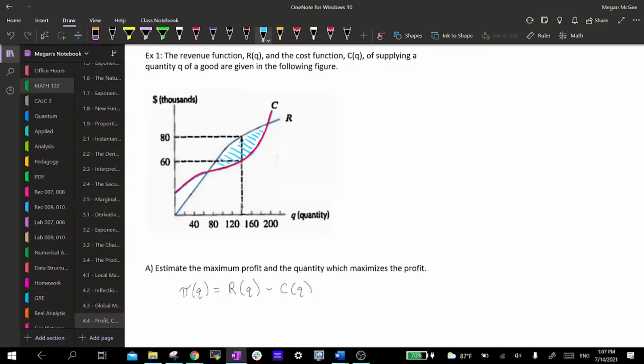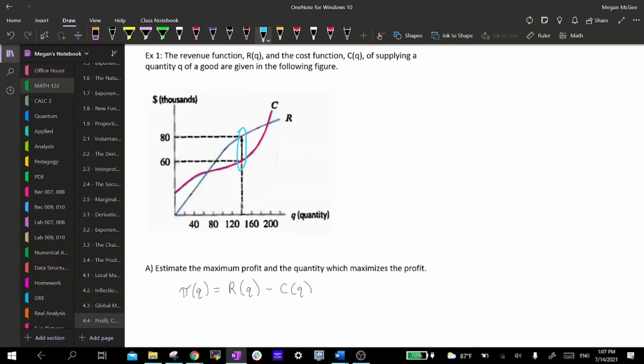But we're asked to estimate the maximum profit. So where is the distance between the cost and the revenue functions the greatest in this section? It looks about where we have this line already marked for us, right about here. This looks like the greatest vertical distance between the cost and revenue functions.